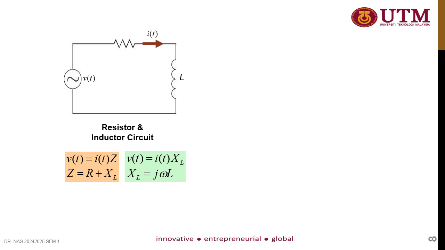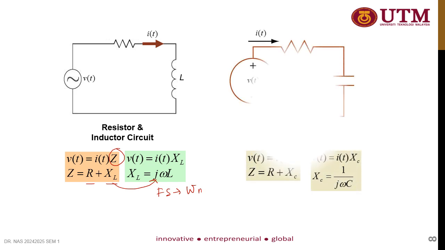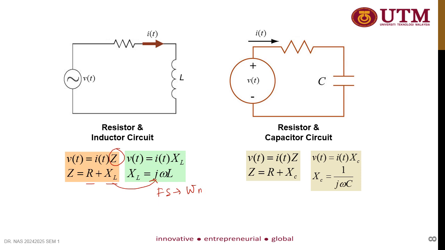So the total impedance Z is equal to R plus XL, and again XL is equal to j omega n L. In Fourier series, you really need to consider omega n, the number of harmonics involved in the equation. The same goes for a combination of resistor and capacitor. The total impedance is equal to R plus XC, and XC is given by 1 over j omega n C.